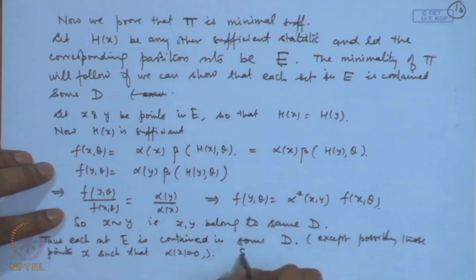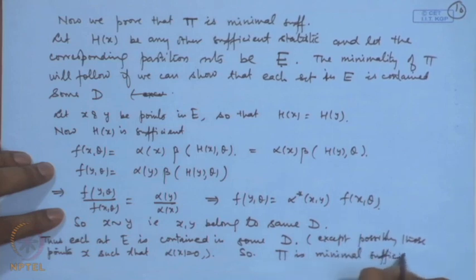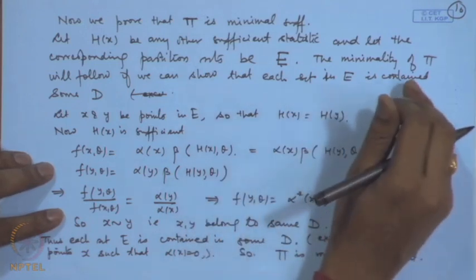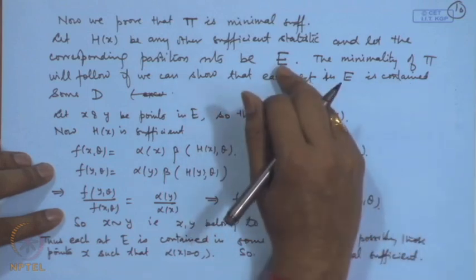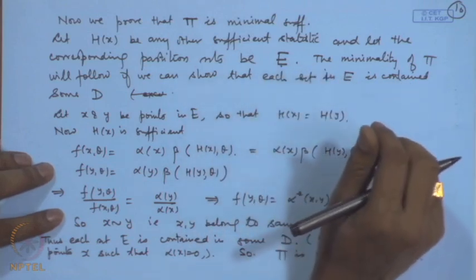So, pi is minimal sufficient, because pi is a reduction of this partition that we have introduced, second partition.